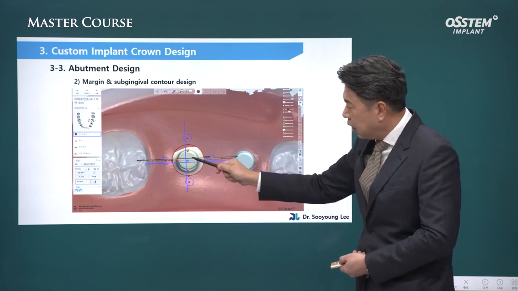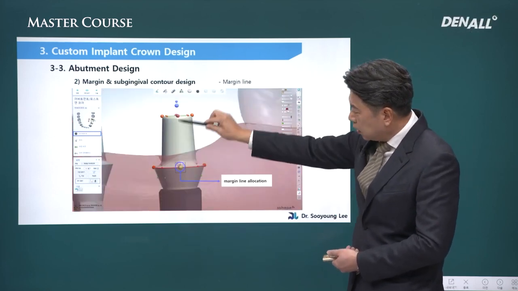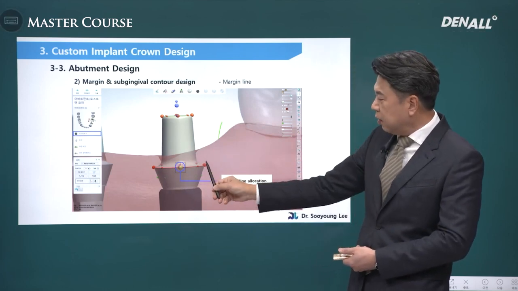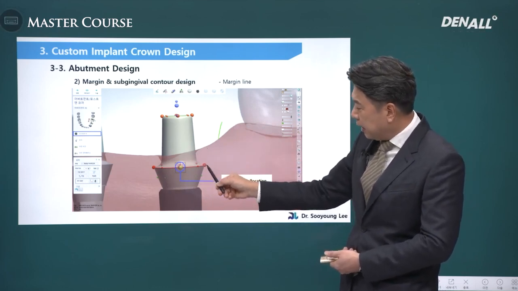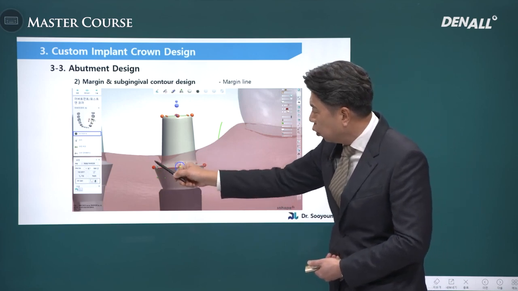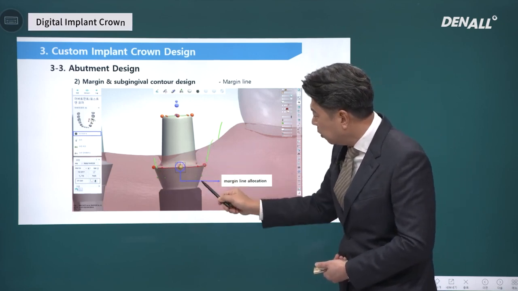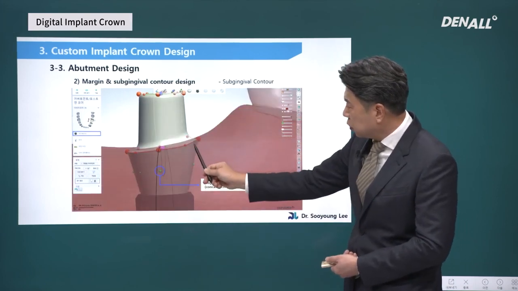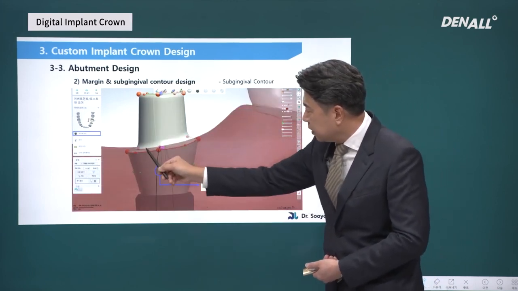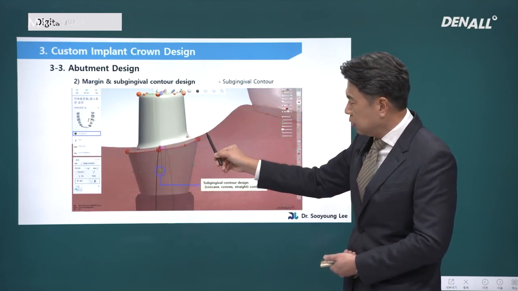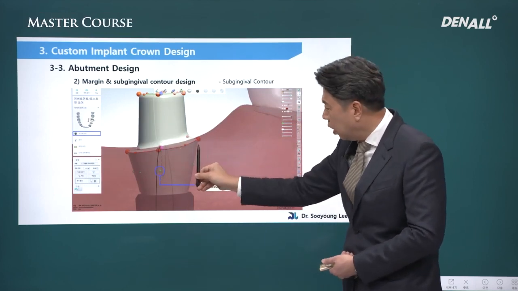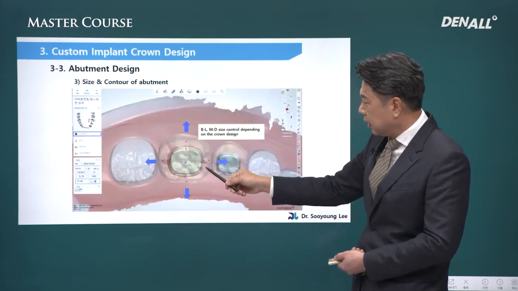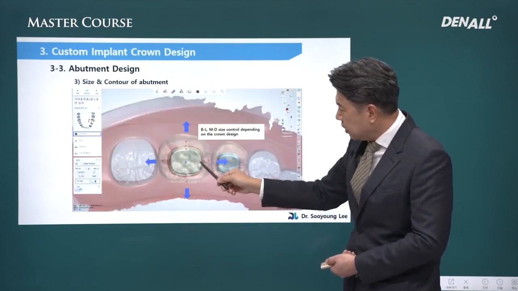Left to right, front and back, the depths are adjusted. If you look at the suggested form, this should go up, and the emergence profile should be adjusted, and that adjustment can be done like this. The depth and height are adjusted. The height of the margin can be set at 0.5 millimeters subgingivally or at equigingival height. And the emergence profile is set aesthetically. That's how the abutments are designed.